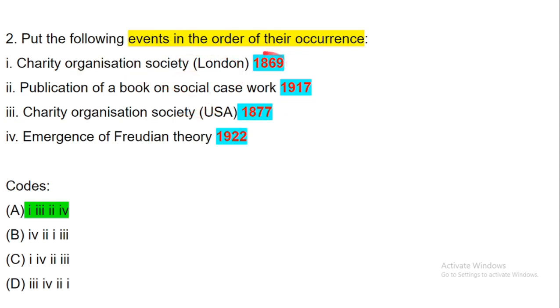In London that was established in 1869, and in USA 1877. Emergence of Freudian theory, that emerged in the year 1922. So first will come Charity Organization Society London, then Charity Organization Society in USA, then Mary Richmond and the book social casework, and then Freudian theory. So this will be your sequence.